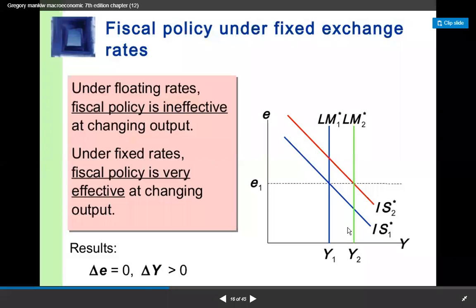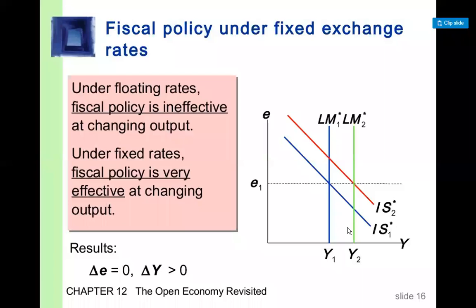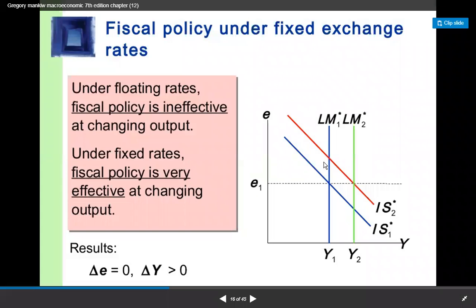You remember, under floating exchange rates, in the long run, exchange rate increases, which crowds out net exports and reduces income level to Y1. We find no change in income, but a higher exchange rate in the economy as a result of expansionary fiscal policy. But in case of here, at given exchange rate, as the IS curve shifts upward, rightward, with red color, we are here where income level has risen.